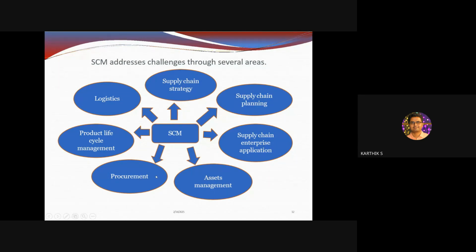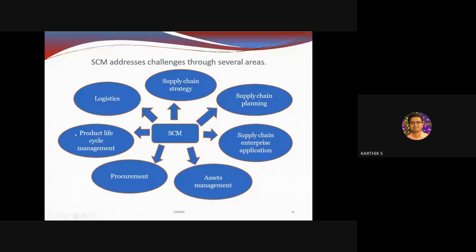Then comes the procurement department. Without procurement, we won't be doing any of these things. So procurement management has to be effective, so that we have effective people to buy the raw materials as cheaply as possible. And then comes product life cycle management.